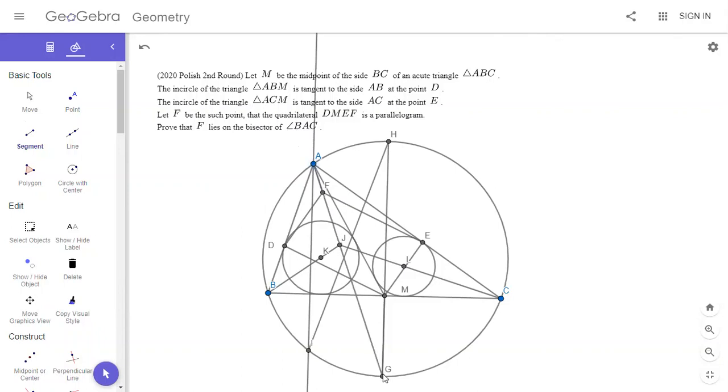Let's see. And no, this is a tricky one.